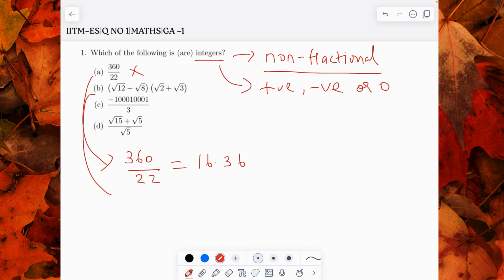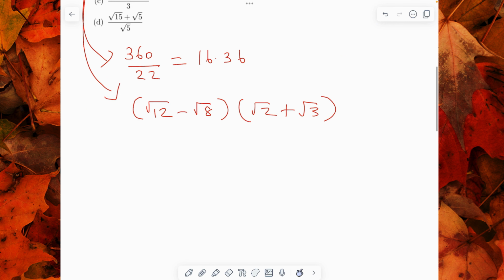Now let us try option B. So root 12 minus root 8, into root 2 plus root 3. Going further, how should you multiply?